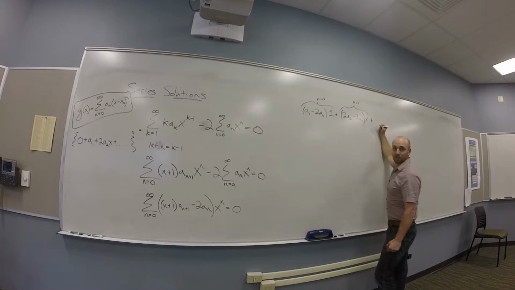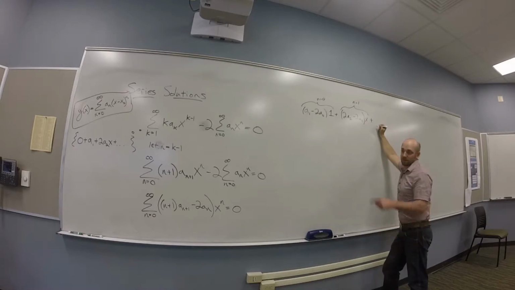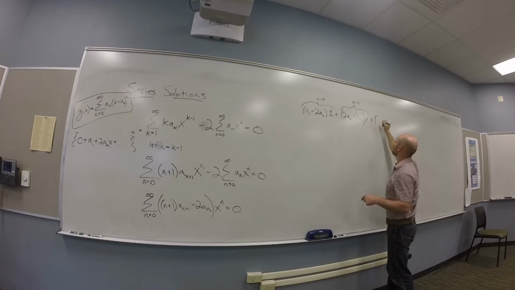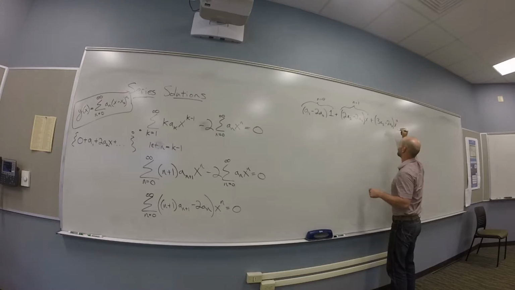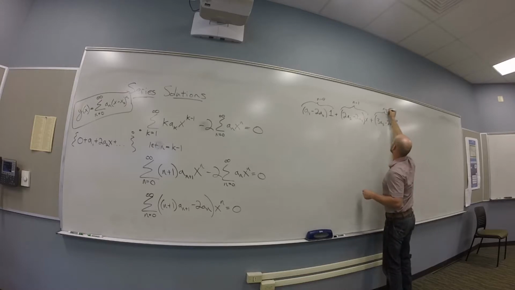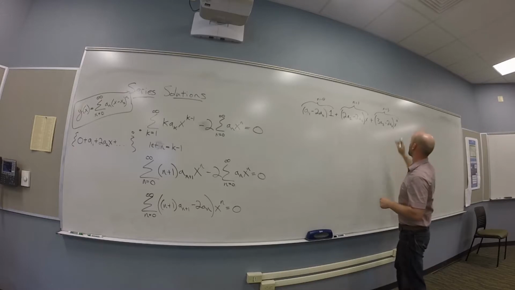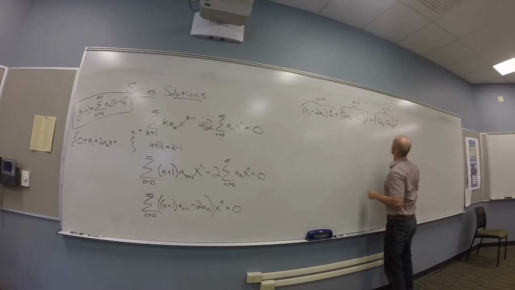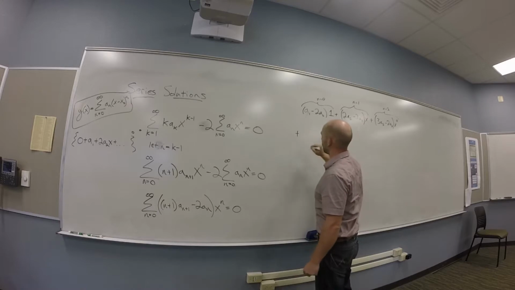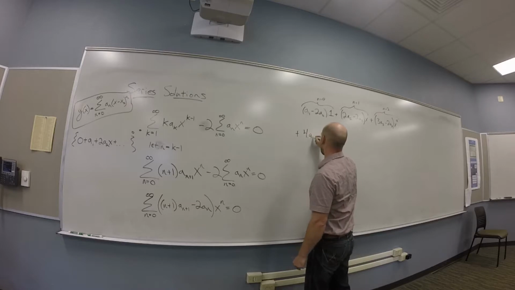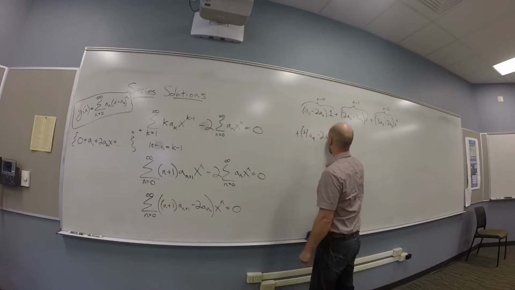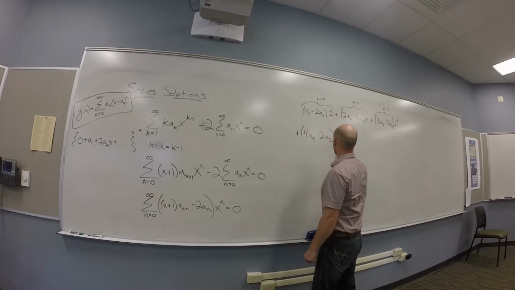Then you got plus 3a3 minus 2a2 times x squared. So that's my n is 2 term. Don't forget, Joe, n is 2. Then I got my plus 4a4 minus 2a3 x cubed.